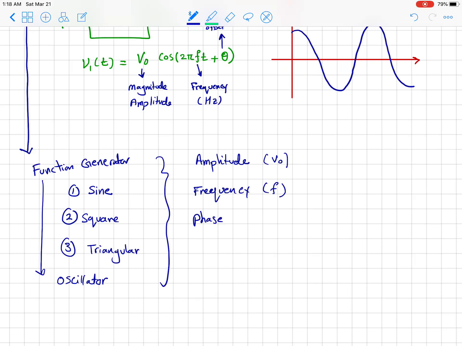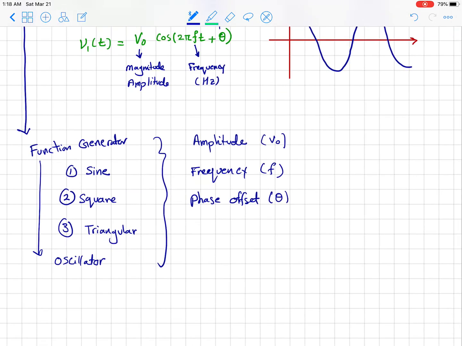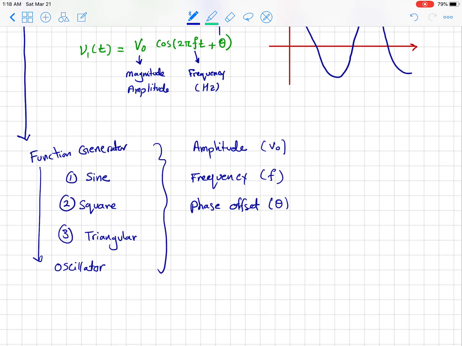The third one is the phase offset, theta in the previous formula. Most likely we are not going to use this parameter. The fourth one is the offset, the DC offset.